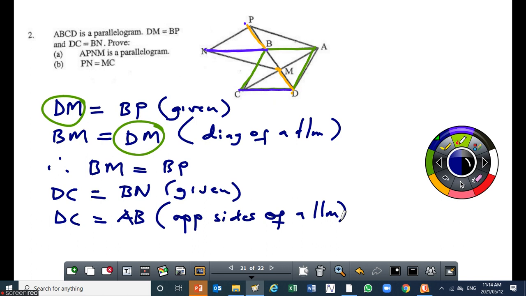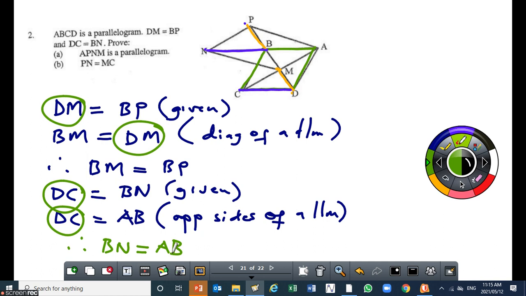You agree with me on that? Therefore, since we have DC here and DC there, I can say BN is equal to AB. So now I know that NB is equal to AB and PB is equal to BM. Therefore, APNM is a parallelogram because of the converse of diagonals of a parallelogram.